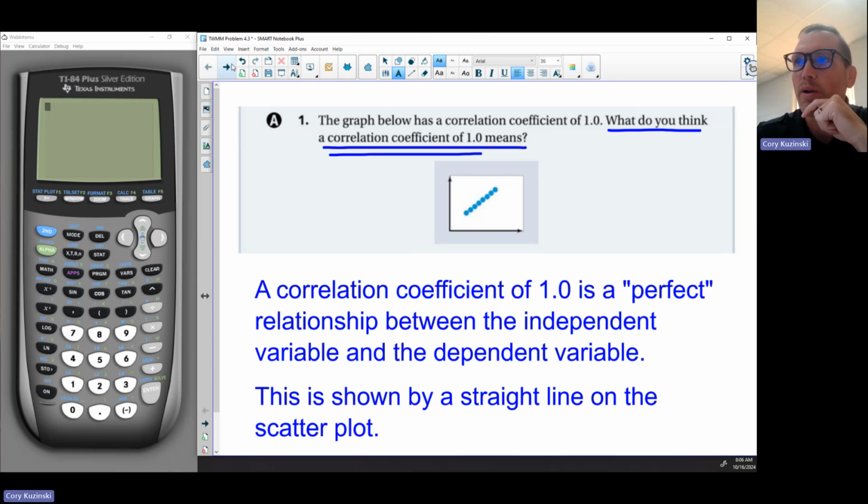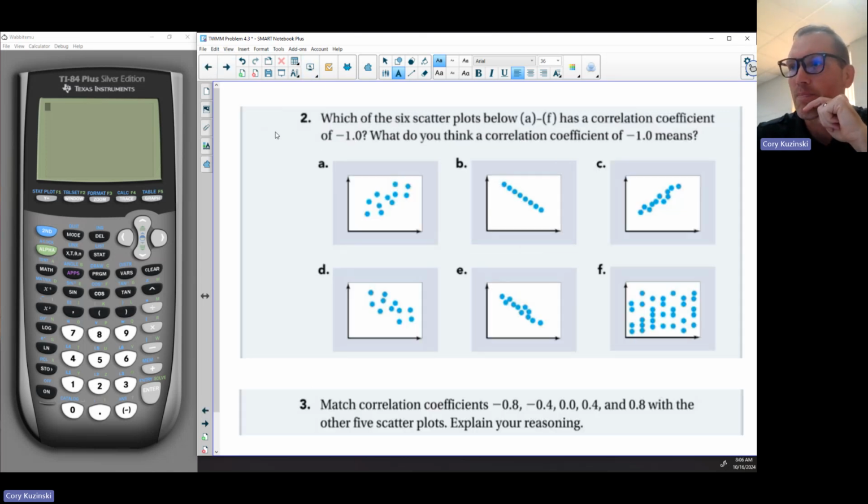Okay. So here's what I want you to do. I want you to pause the video, and I want you to just kind of take a quick shot at this. Match which of these 6 scatter plots has a correlation of -1. So which one has a correlation coefficient of -1?